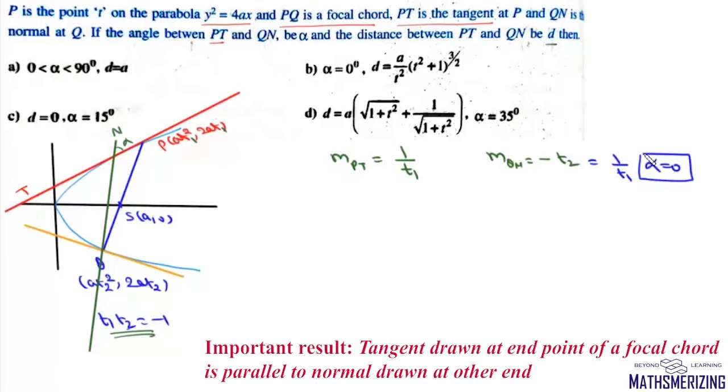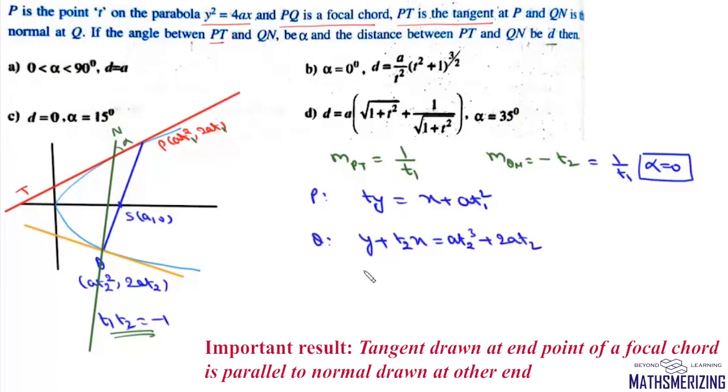So we know that equation of tangent at this point P will be ty equals x plus at square, or t1y equals x plus at1 square. Now what is equation of normal at point Q? Equation of normal at point Q will be y plus t2x equals at2 cube plus 2at2, and we know that t2 is minus 1 upon t1.